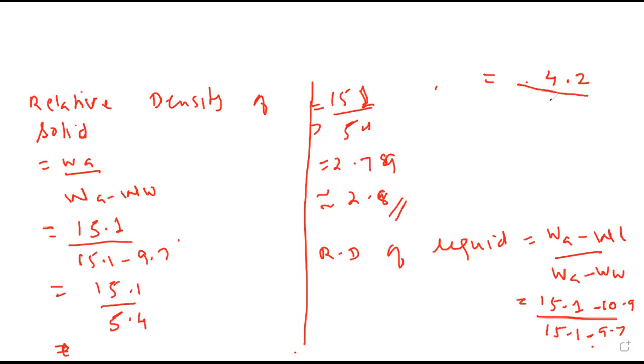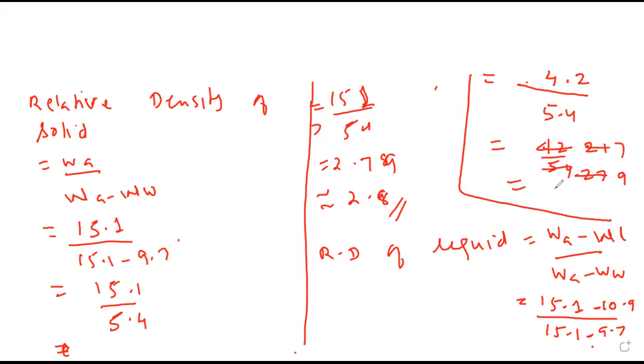Then the denominator is 5.4. That is 42 upon 54. 2 into 21, 2 into 27. 3 into 7, 3 into 9. 0.7 recurring is coming. 0.7 recurring, you can write with a bar over the 7.